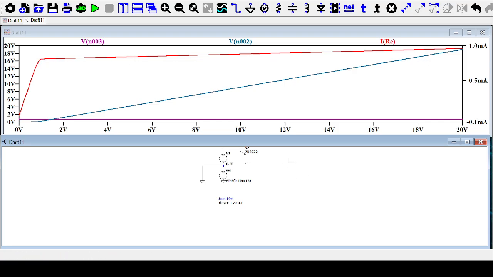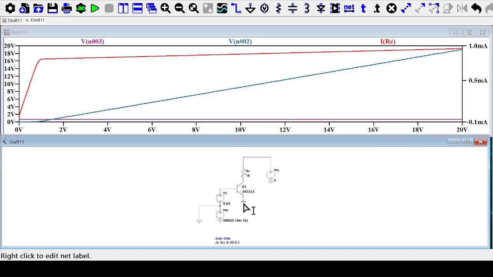So I'm going to do something here. I'm going to put a resistor down here. You probably might not know what that is, but that's called an emitter degeneration resistor, and let's see what it does.